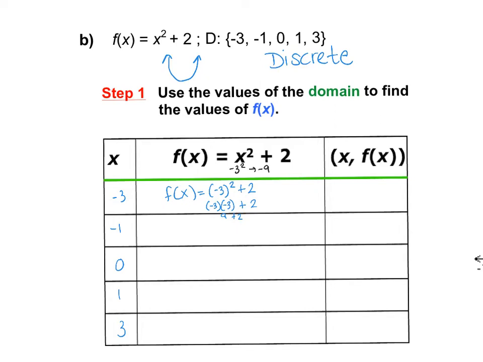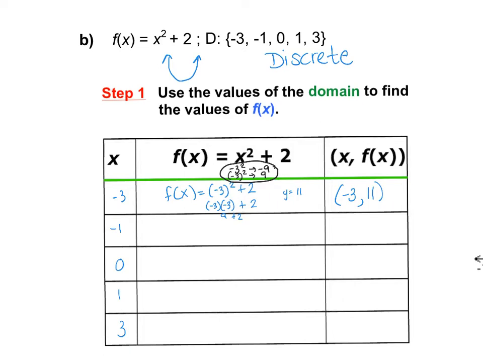But if you put negative 3 in parentheses squared in your calculator, you'll get positive 9. There is a big difference on these, so just be careful of that with your calculator. Okay, 9 plus 2 will get me a final answer of 11. My y, my f of x, is equal to 11 basically. So negative 3, 11.